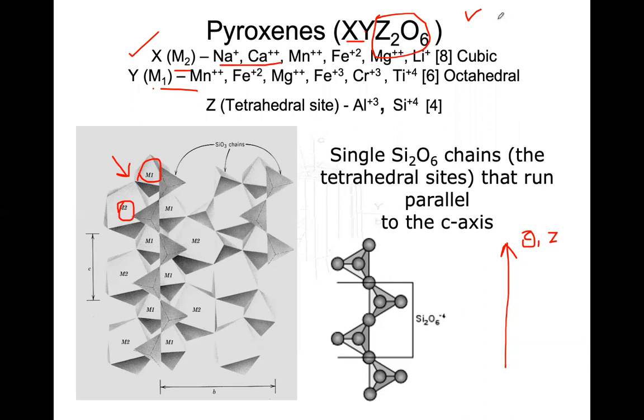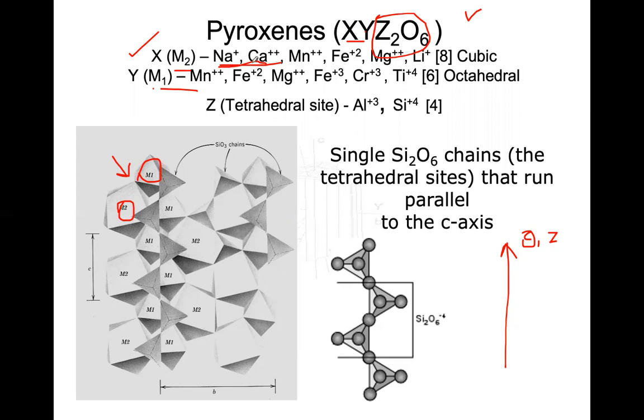So in that case you have three cations, but those cations are still selected from that X group only. Instead of sodium, in some places calcium can be there.